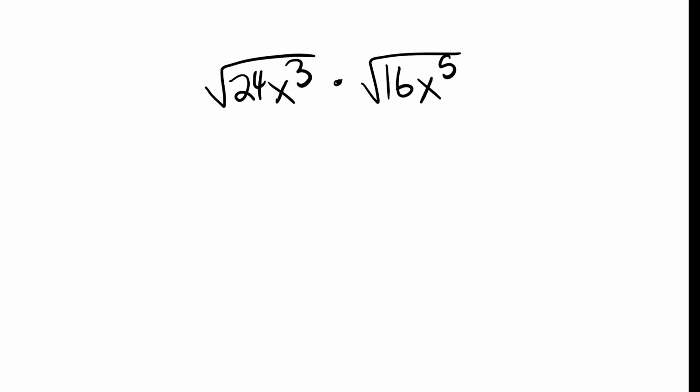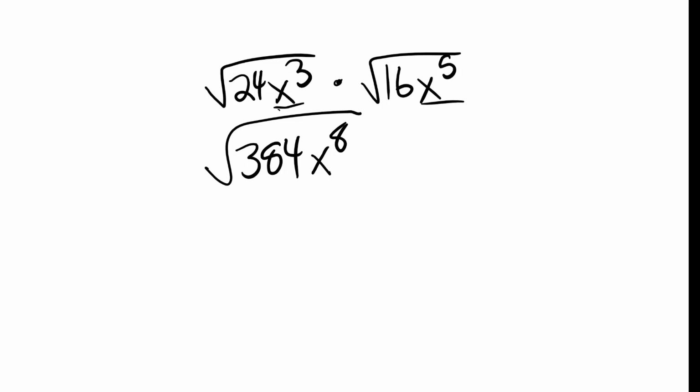So the way I can deal with this is actually to multiply these together. So 16 times 24 is 320 plus 64, 384. x cubed times x to the 5th is x to the 8th, and all that stuff is inside the square root.